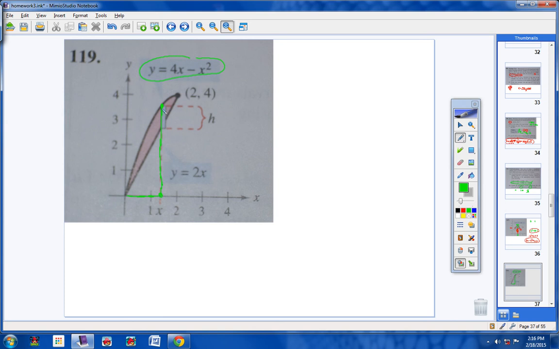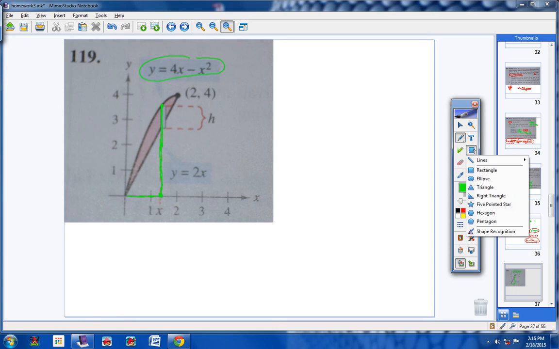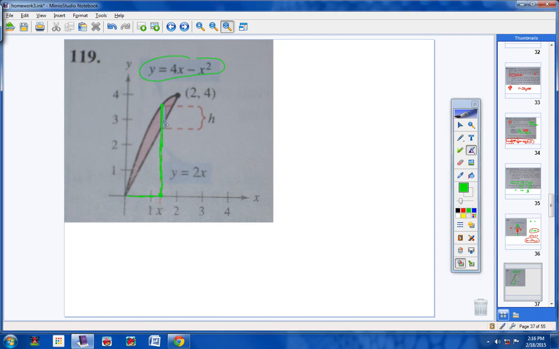So the total height from here all the way down is, I'm going to copy that line right over here if at all possible. I don't think I'm explaining this very well. This whole line right here, from here to there, is 4x minus x squared.